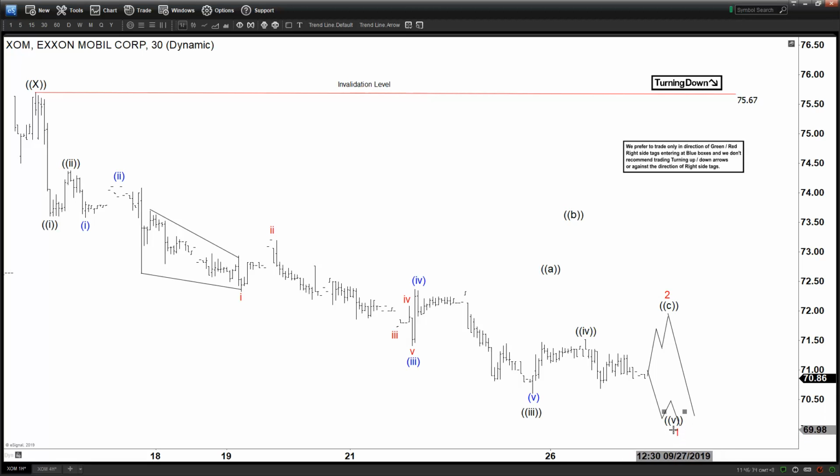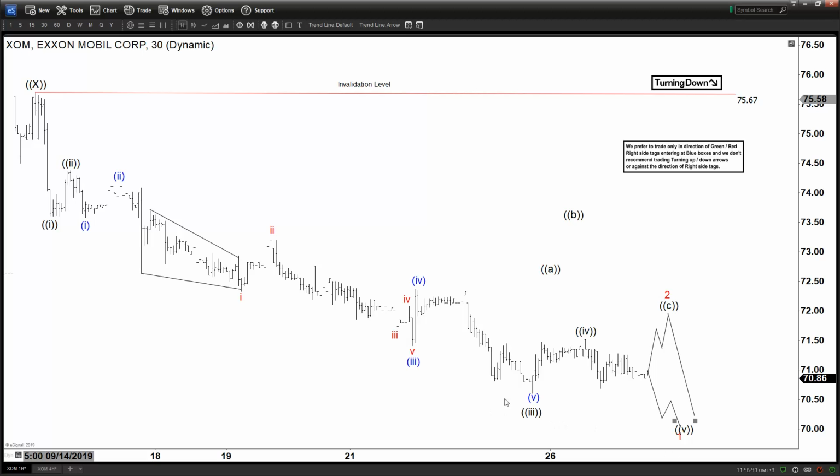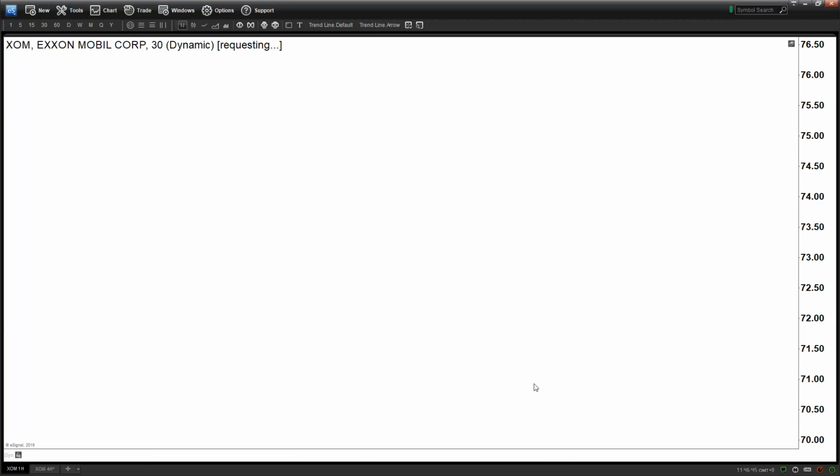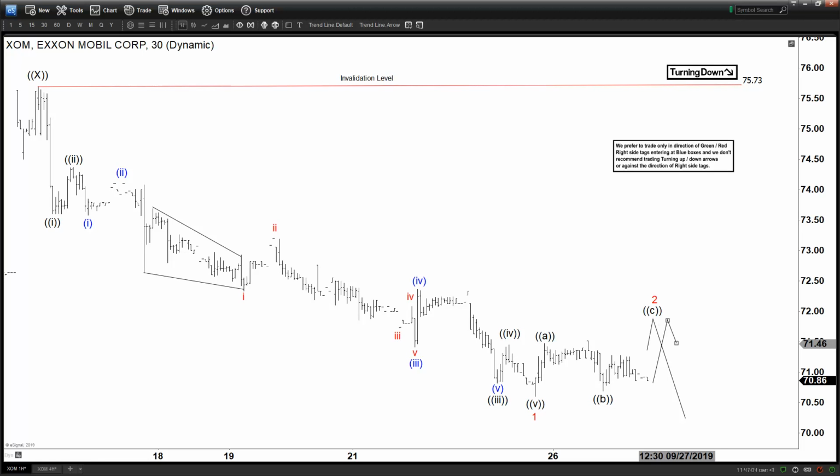So certainly another leg lower cannot be ruled out, but if we assume that the wave 5 is finished, which is possible, another leg lower can still happen. If we assume that this wave 5 is ending, then we should be looking to correct in 3 waves, or in a complex correction, let's say a double zigzag in 7 swings.